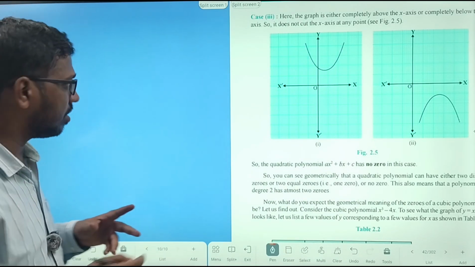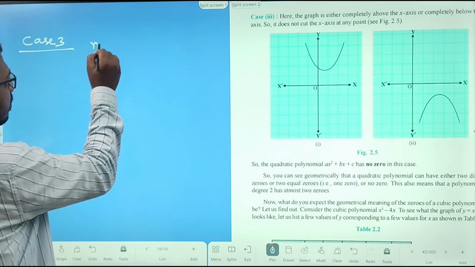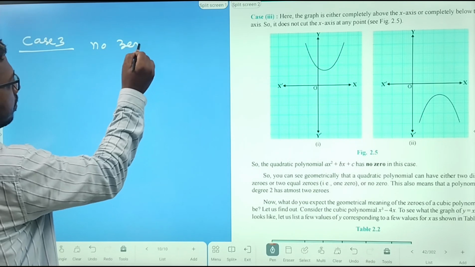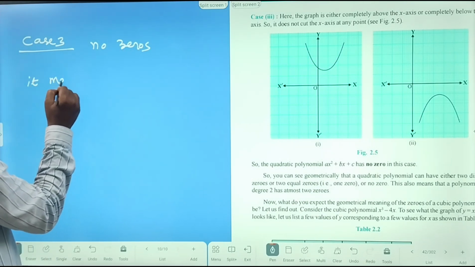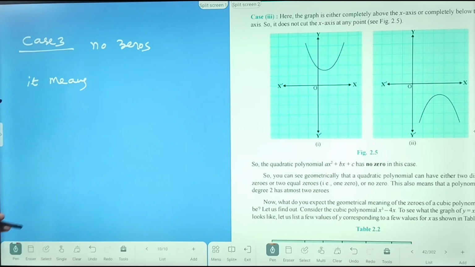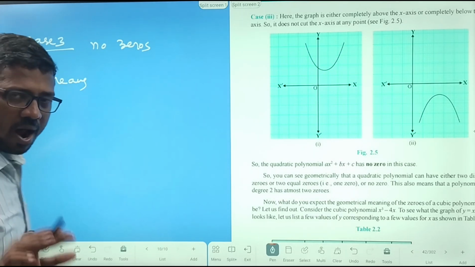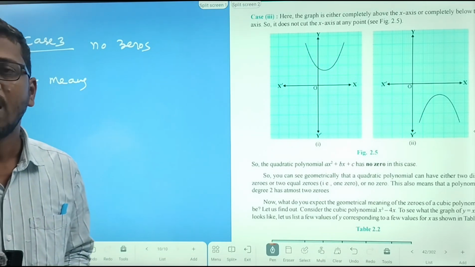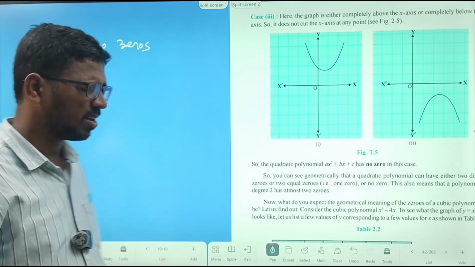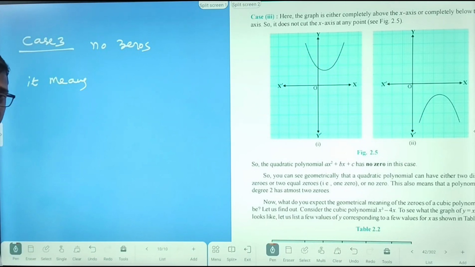Now case 3, no zeros. Actually our discussion of case 1, case 2, case 3 is limited to quadratic polynomials only. We are discussing the zeros behavior of quadratic polynomials. The maximum number of zeros for a quadratic polynomial will be 2 only.